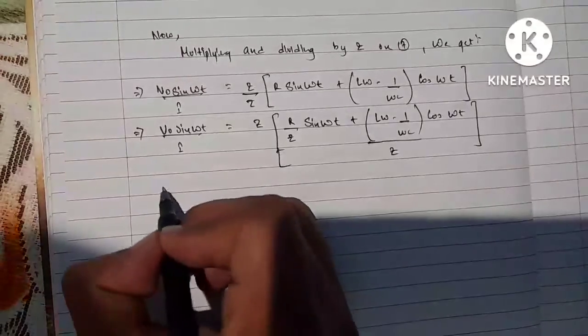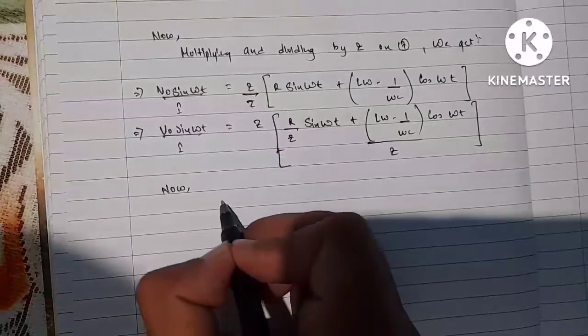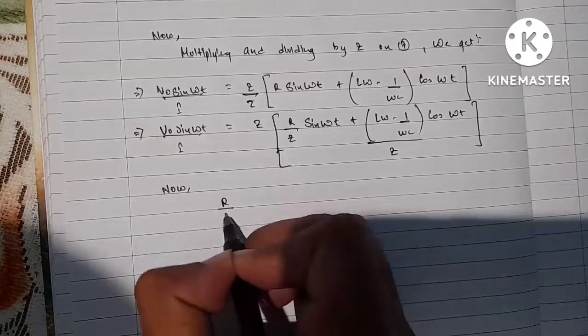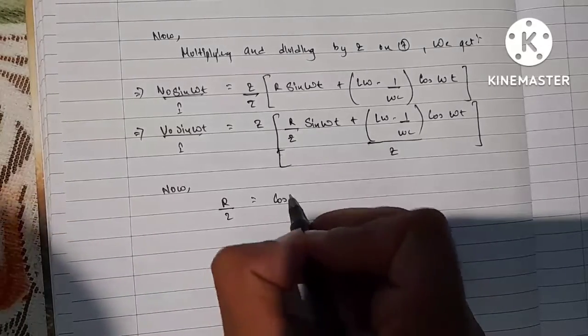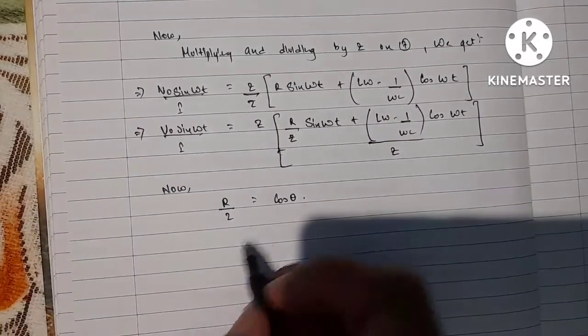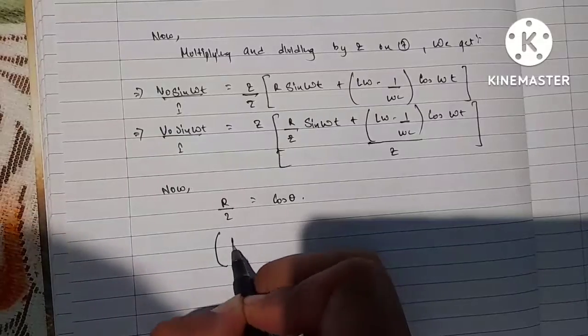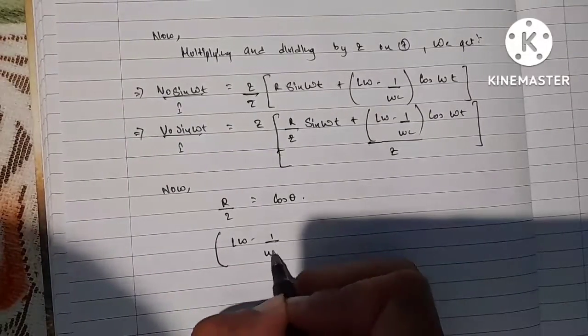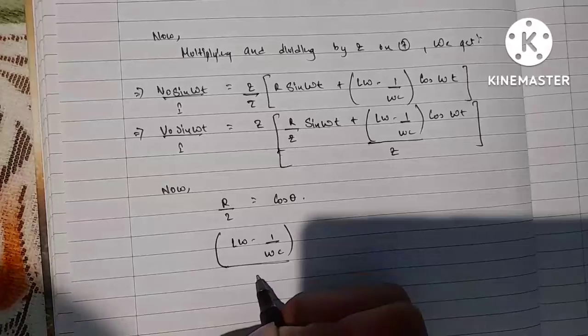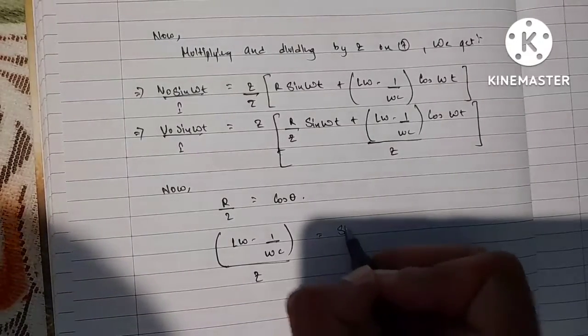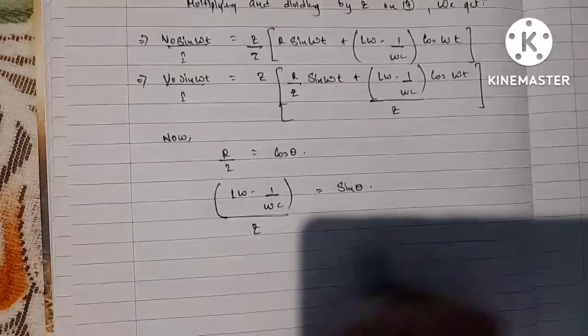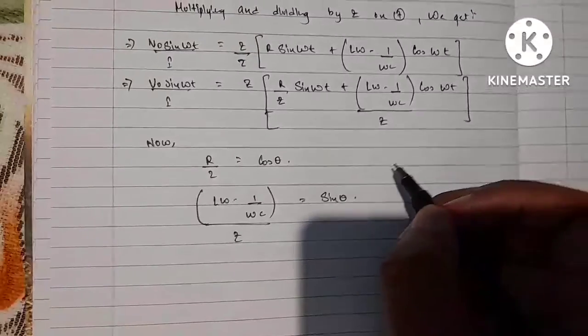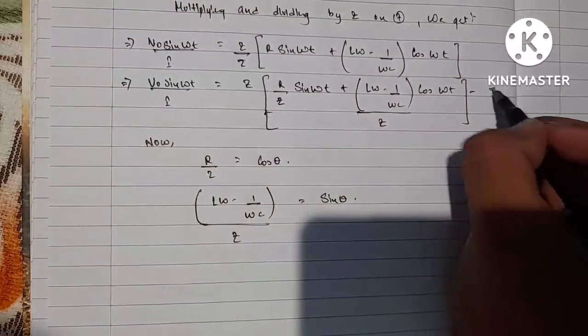Now let us take an assumption: let R by Z be cos theta and let (L omega minus 1 by omega C) divided by Z be sin theta. Let this be equation number 8.